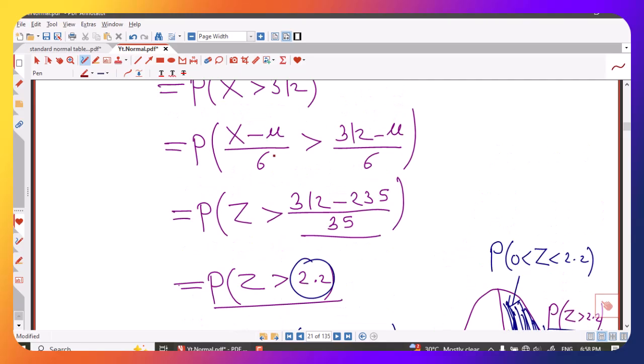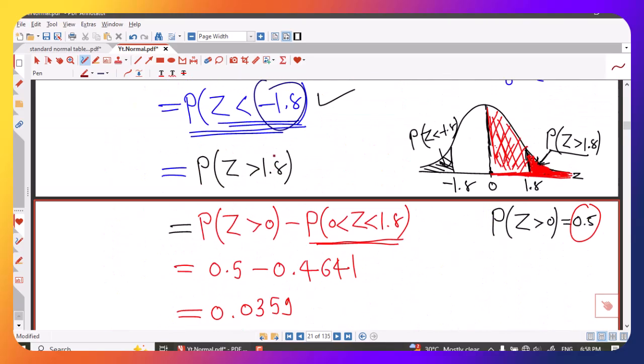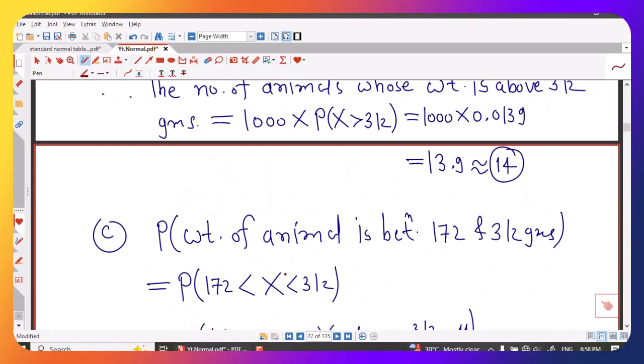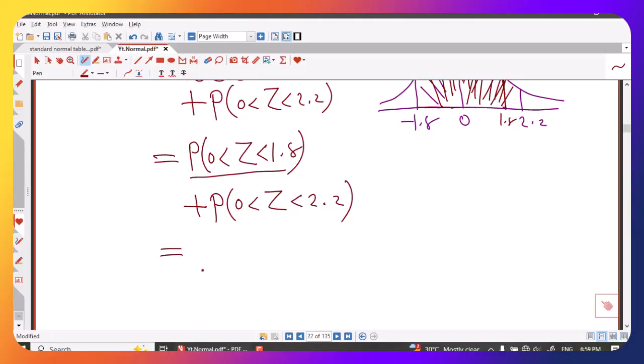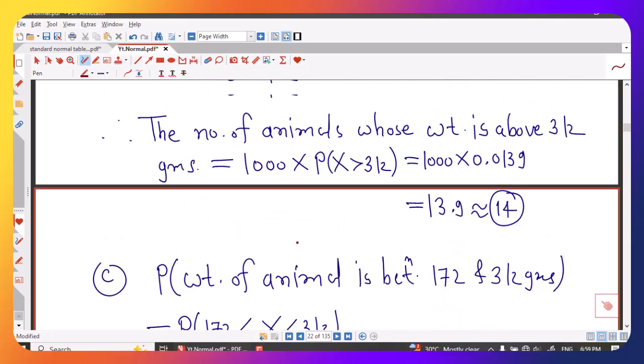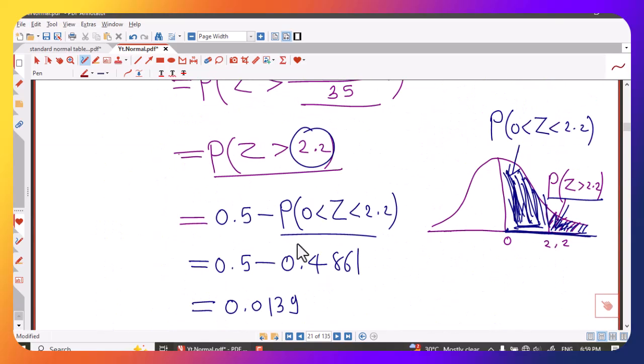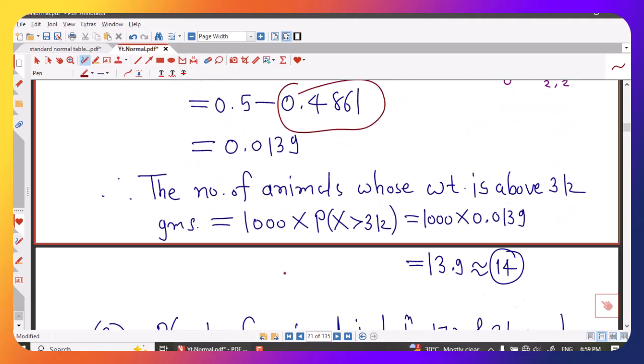In part A we obtained the area between 0 and 1.8, that was 0.4641, so we can directly substitute here. This is 0.4641 plus the area between 0 and 2.2, which is 0.4861.